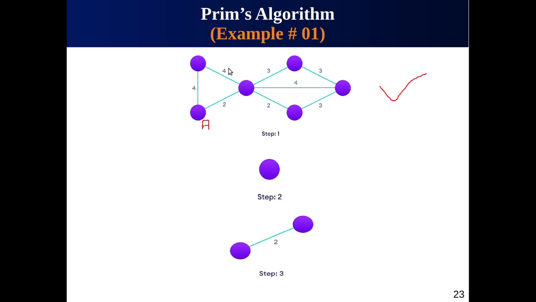Sorry, the nodes have numbers. The cost from A to B is, okay, next thing is simple. Choose the nearest vertex from here or here, from A, but the vertex should be one that is not actually part of the solution, or that has not been selected.